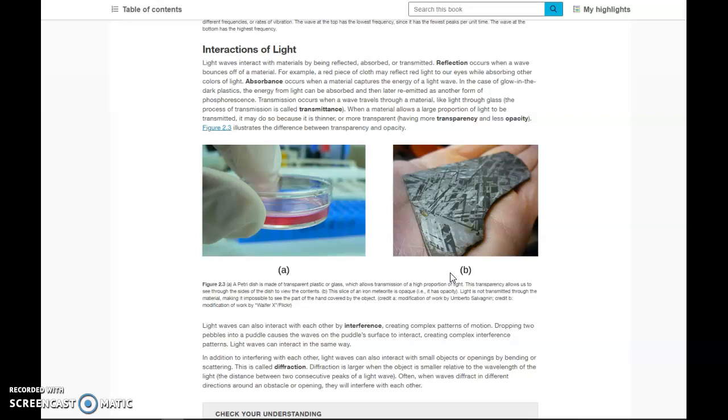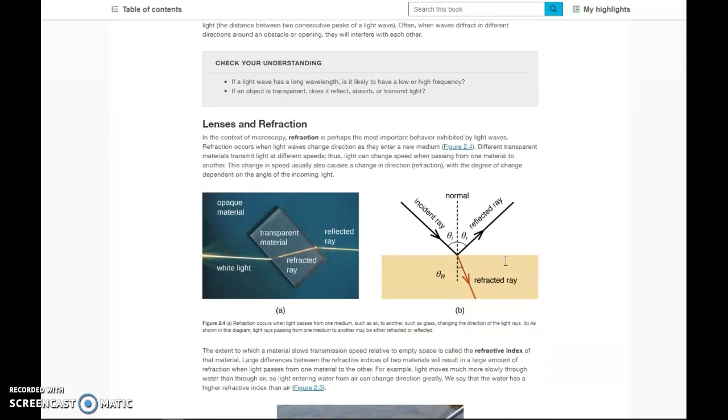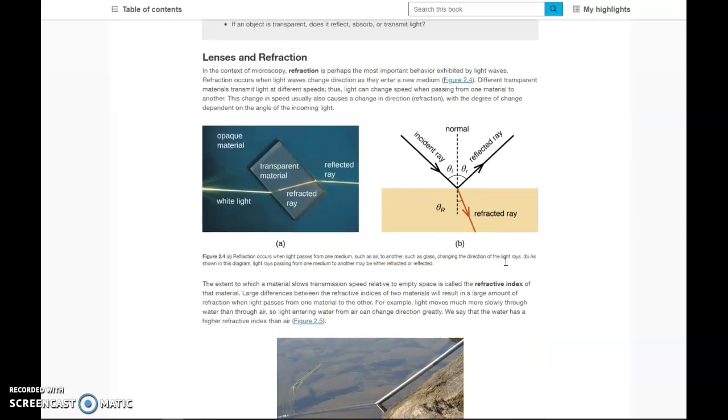And so microscopes are built so that we can reflect the image that we need to see back to our eyes while attempting to reduce diffraction as much as possible. If we think about microscopes as a series of lenses, we have to consider refraction.